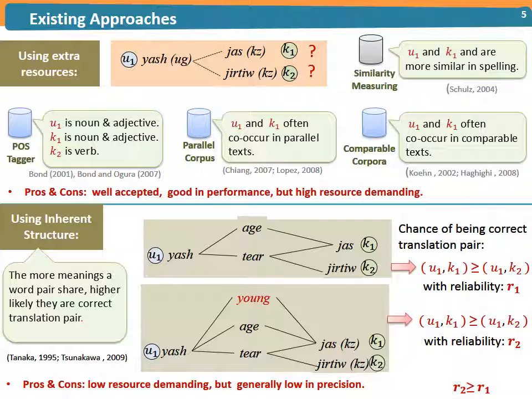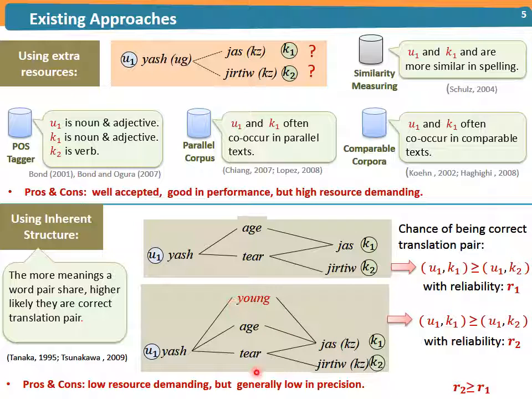So the idea in this approach is that the more meanings a word pair shares, the more likely it is a correct pair. For example, if U1 and K1 share two meanings, while U1 and K2 share only one meaning, we can assume that U1 and K1 is more likely to be correct.